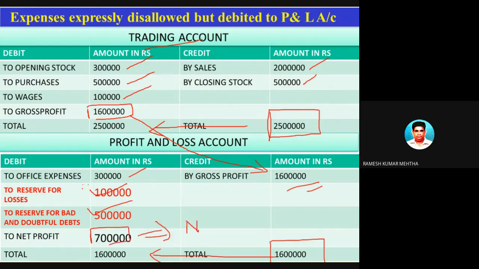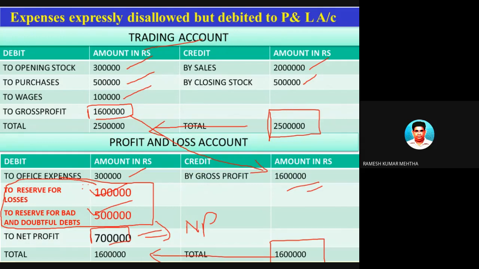Now, please remember, there is an element of mistake which is committed in preparing this trading and profit and loss account. The element of mistake is this one: reserve for losses and reserve for bad and doubtful debts. Please remember, any reserve or provision will not be allowed to be shown on the debit side of profit and loss account, because these are reserves formed from profit.